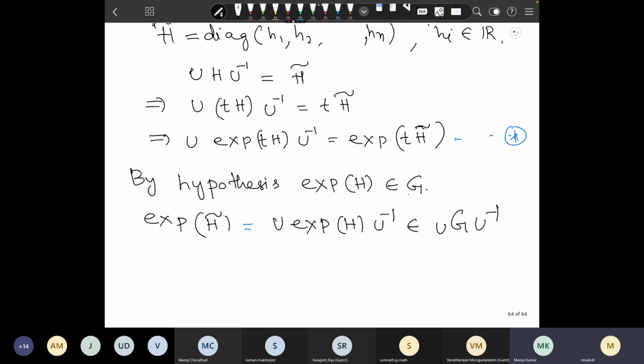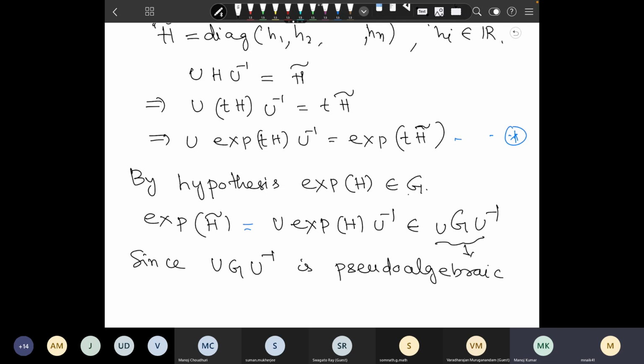Now we have seen that the conjugate of a pseudo-algebraic group is pseudo-algebraic, so U G U inverse is pseudo-algebraic, and H tilde is diagonal with real diagonal entries.